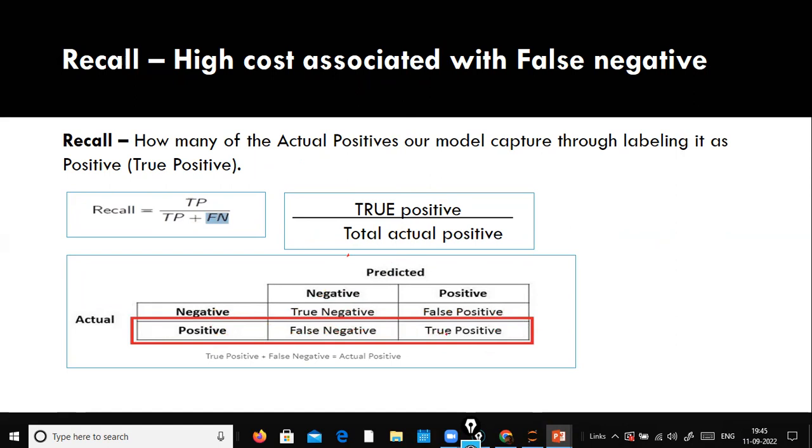Actually it is positive. Hence true positive should be more here. Here it should be 0, right? Even if it wrongly predicted something like 10 or 20, both put together, the actual positive is 30. Out of the actual positive, how many of them were true positive? Let's say here out of the 30, only 20 are true positive.